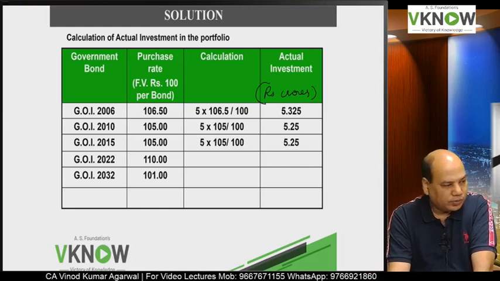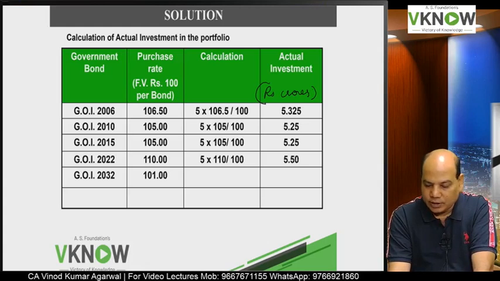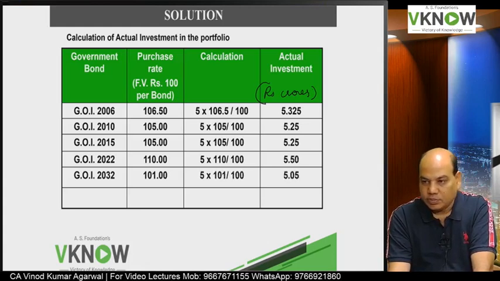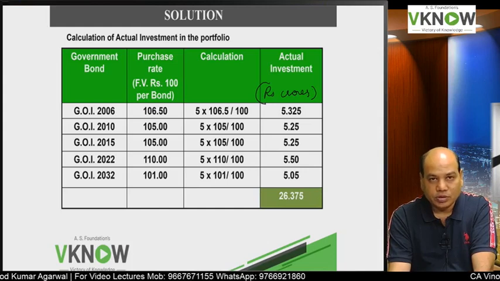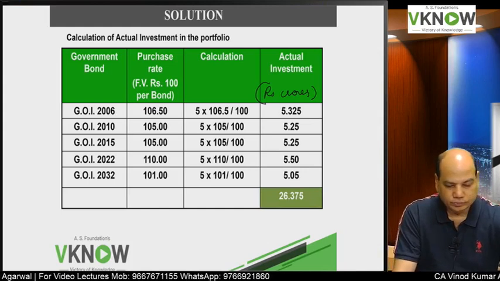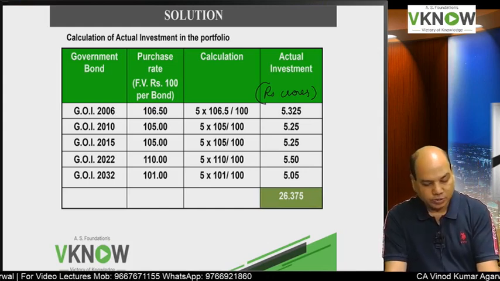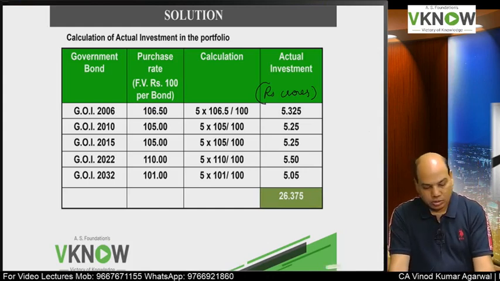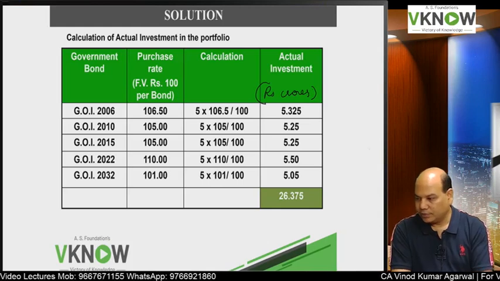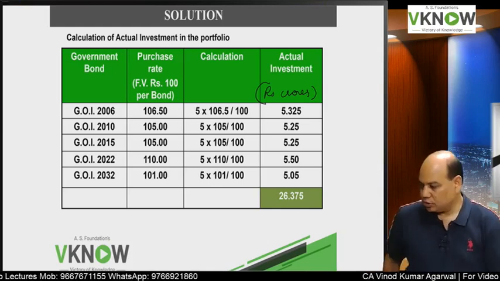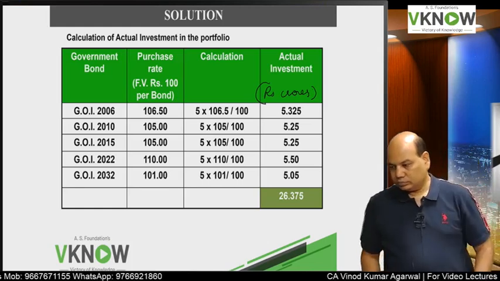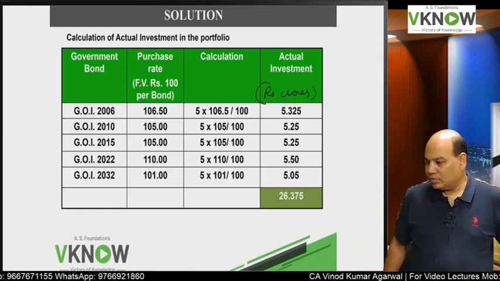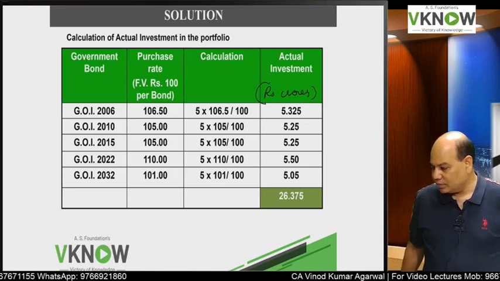Again 5.25, 5.5, 5.05. Total of the last column is your actual amount invested in the bond portfolio: 26.375. Okay.